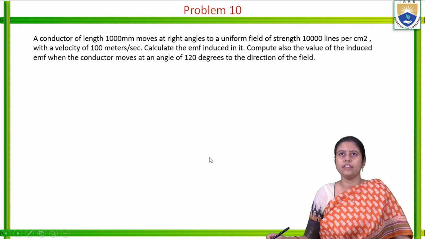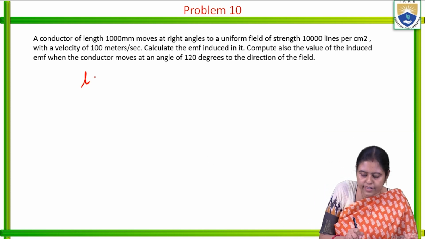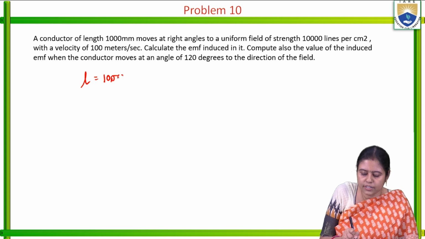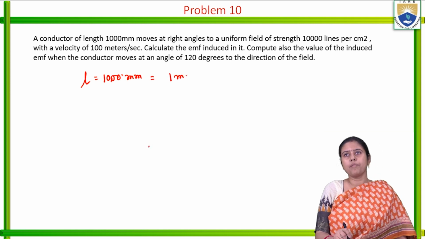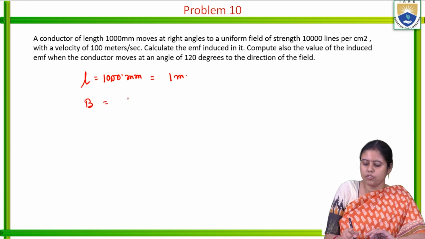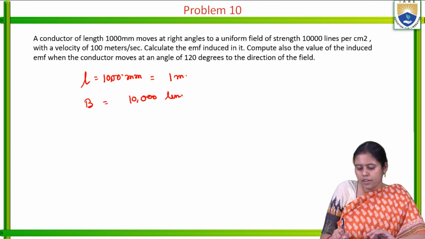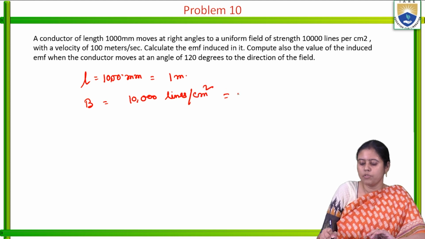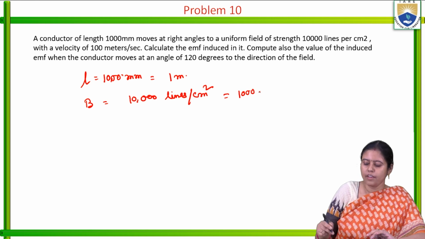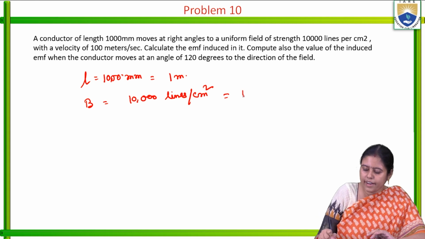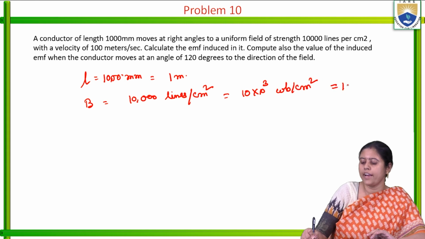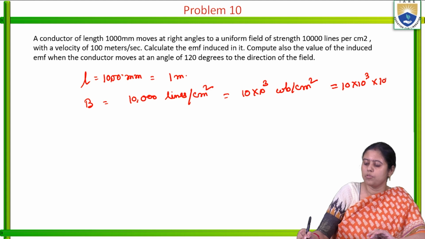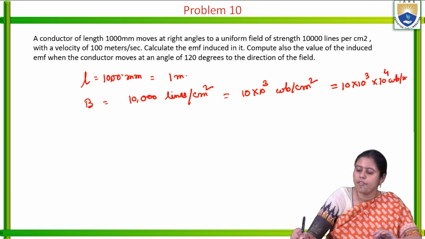A conductor of the length of 1000 millimeter, so conductor length L is equal to 1000 millimeter is equal to 1 meter, and the uniform field strength B is equal to 10,000 lines per centimeter square, or we can write 10 into 10 to the power 3 Weber per centimeter square, or 10 into 10 to the power 3 into 10 to the power 4 Weber per meter square.